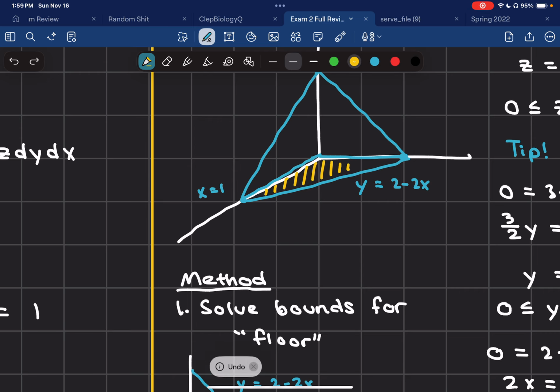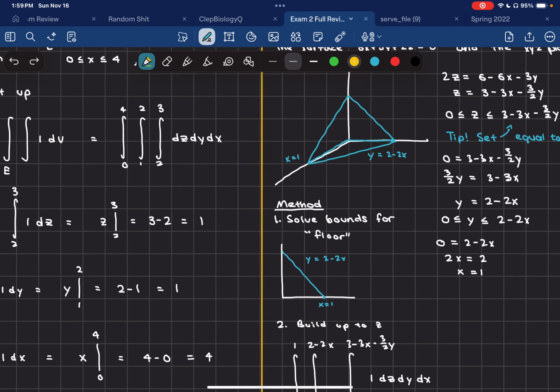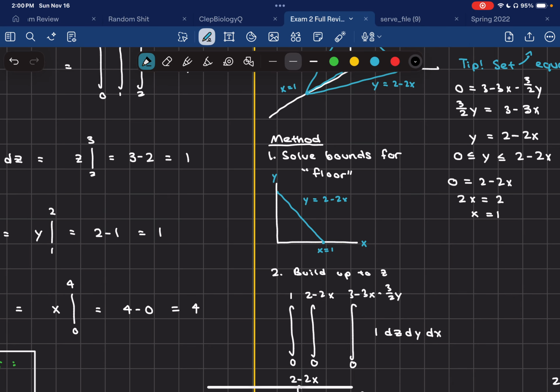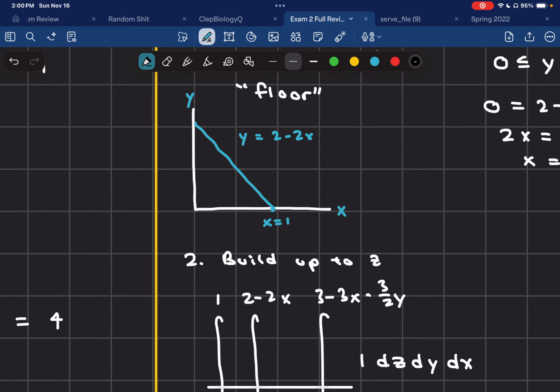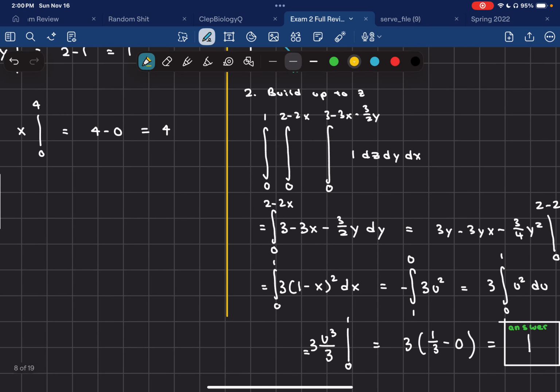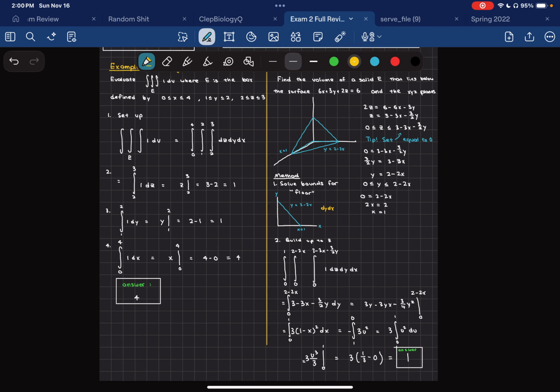I'm going to erase that. But that would be your floor. So you have your x bounds right here, your y bounds right here. And then after you find the bounds for your floor, which in this case will be your dy dx, you then build up to finding the rest of your z.